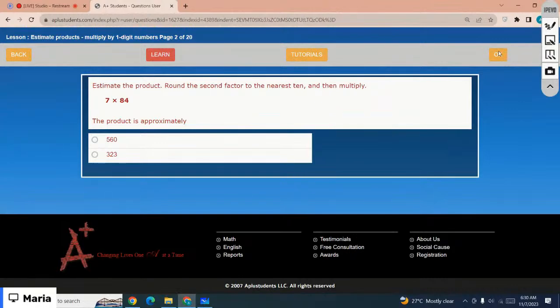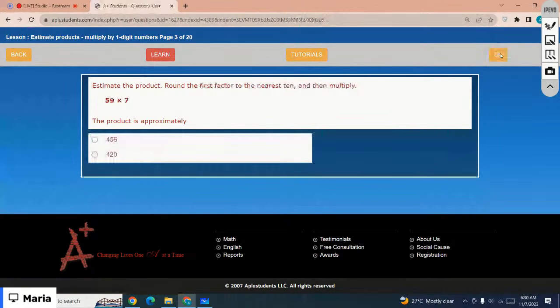Got it? And the correct option is 7 times 8 is 56. So that is 560.